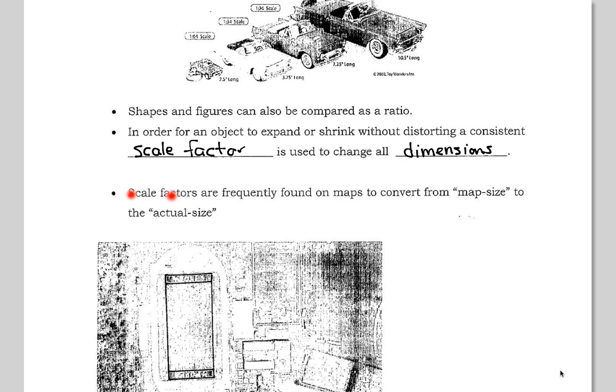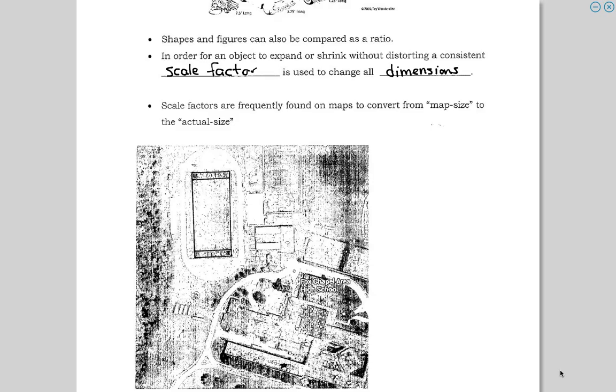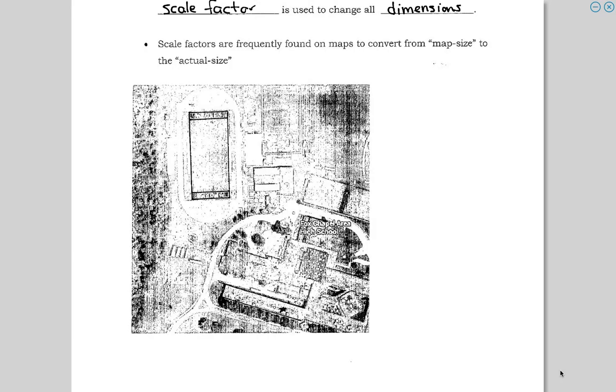Usually where we see this idea of scale factors is on a map. Usually we'll have some idea down in the bottom corner, and usually we would do this with rulers. So we're actually just going to talk through this: we would be able to figure out the measurements on this map, because whatever we measure on the map, we can convert to real life using the scale that is down here.